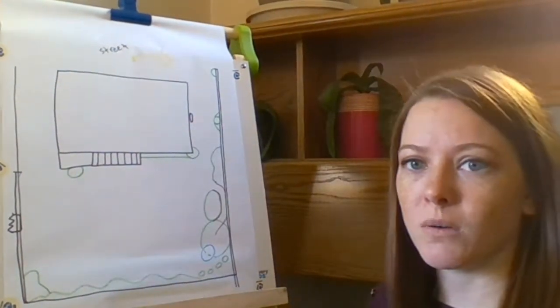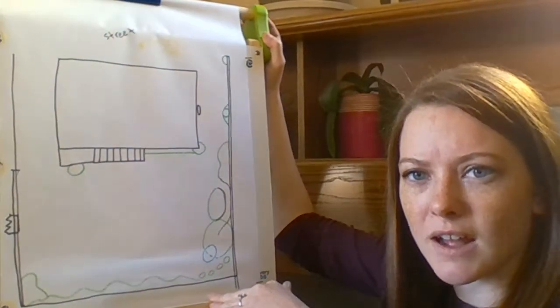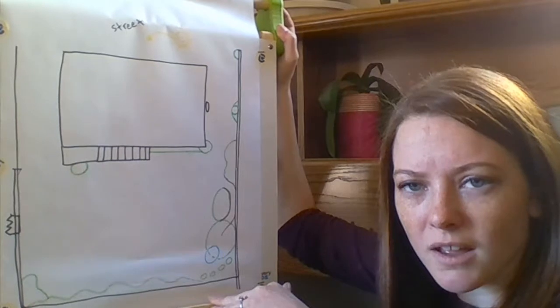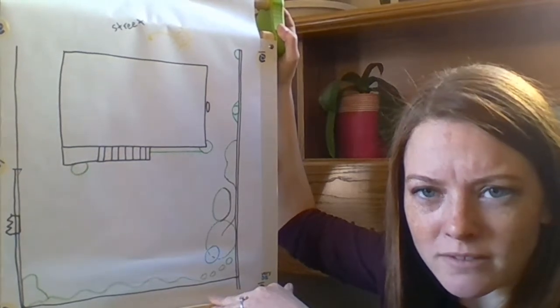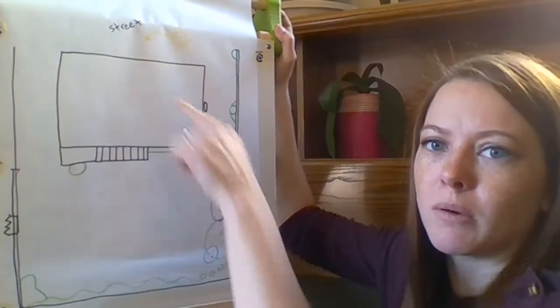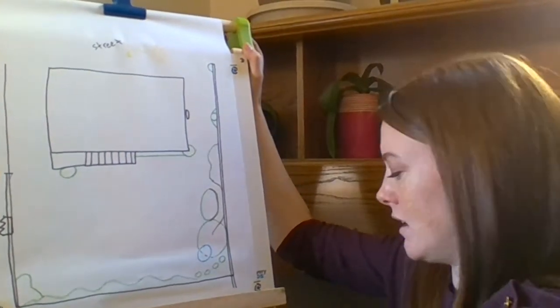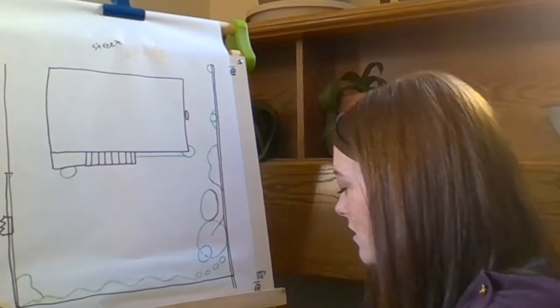I don't know if you can exactly see that, but there is a sun there. He's smiling because he's happy, and there's a little arrow that's pointing that way, and that's just going to remind me that the sun is going that way.